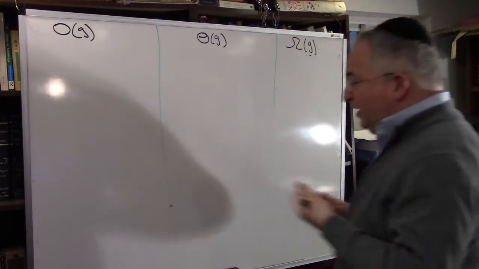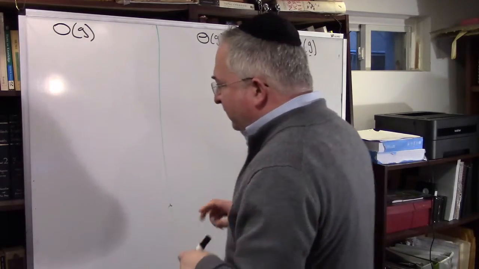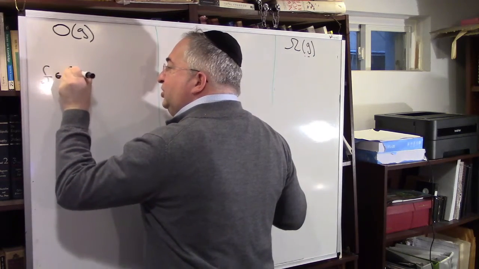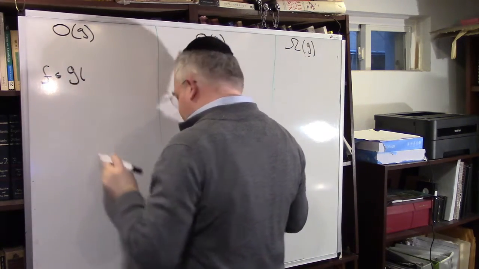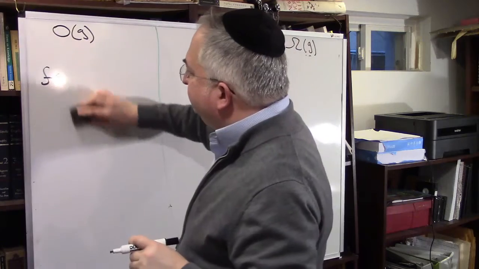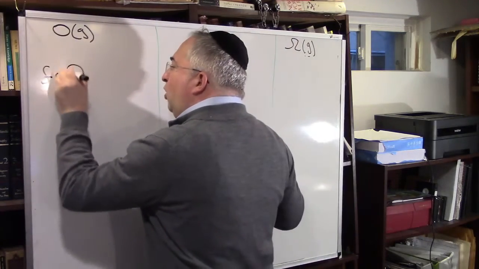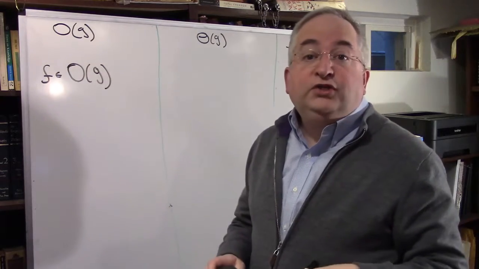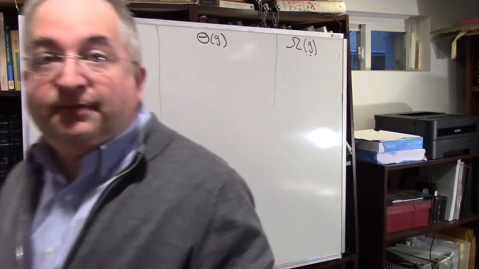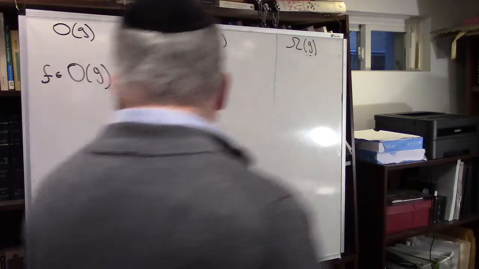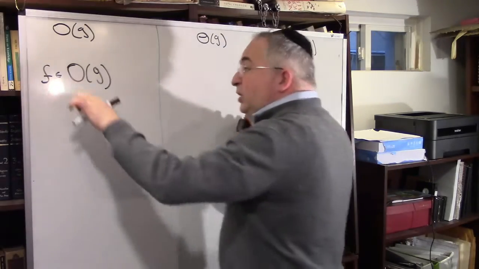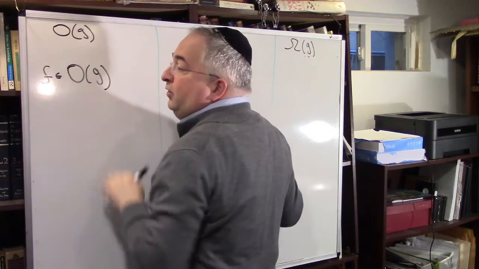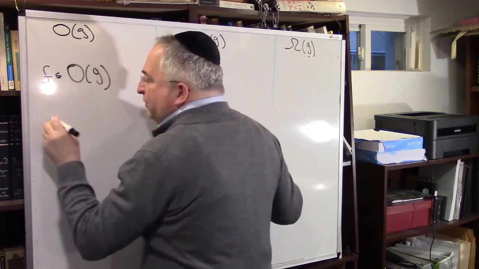So f is in O of g. Remember, g is a function, O of g is a set of functions. So f is in this set of functions, f grows slower or equal to g, if the following is true.